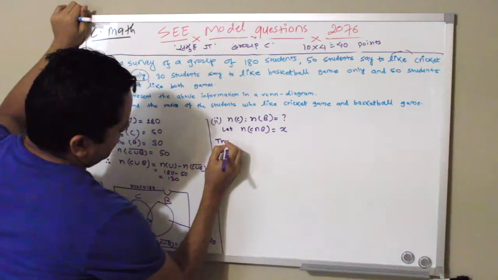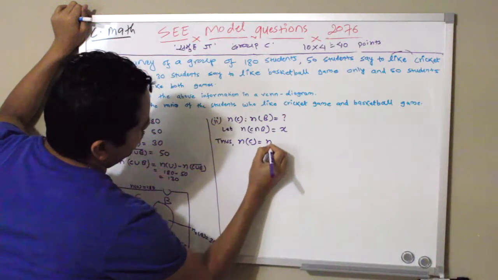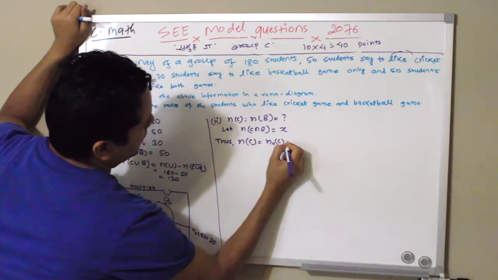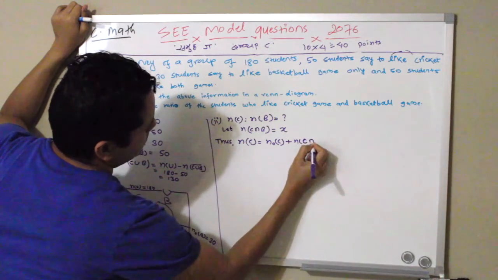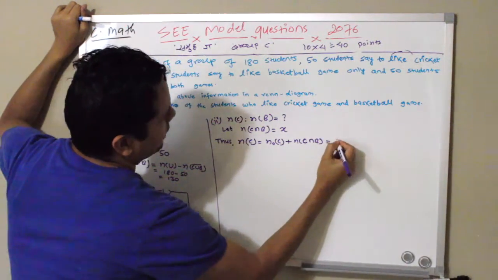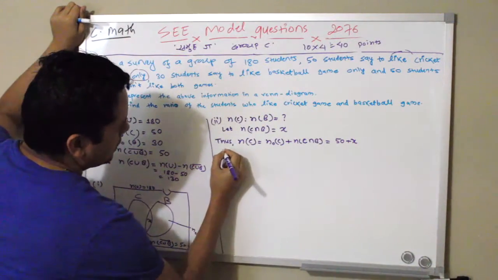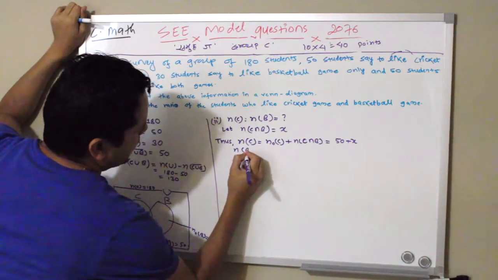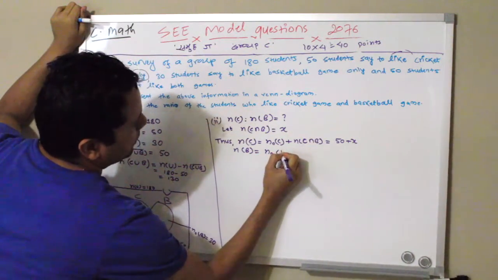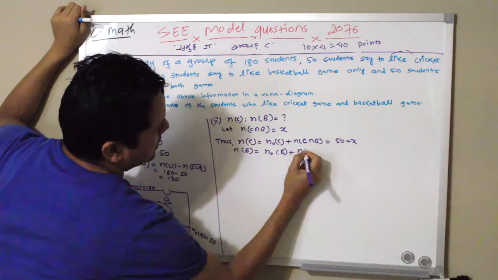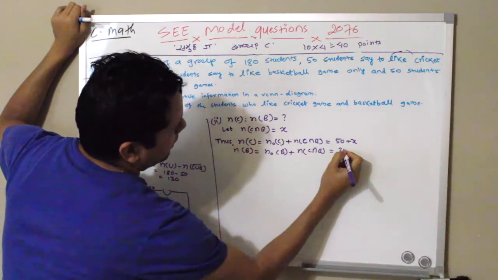So number of C is 50 plus X, and number of B is 30 plus X.